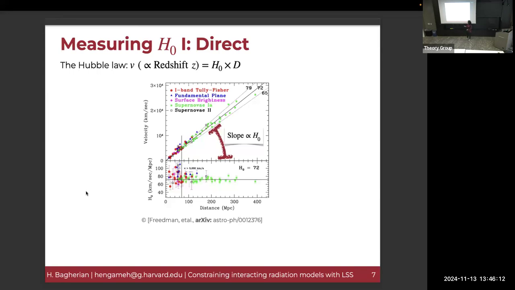If you look at the relation between the velocity and the distance of those objects, then the slope of this line gives us the Hubble constant. We're very good at measuring velocities in cosmology because that just corresponds to measuring their redshift through frequency.